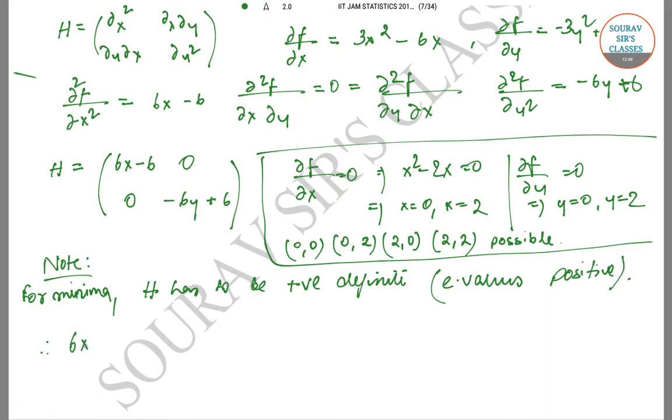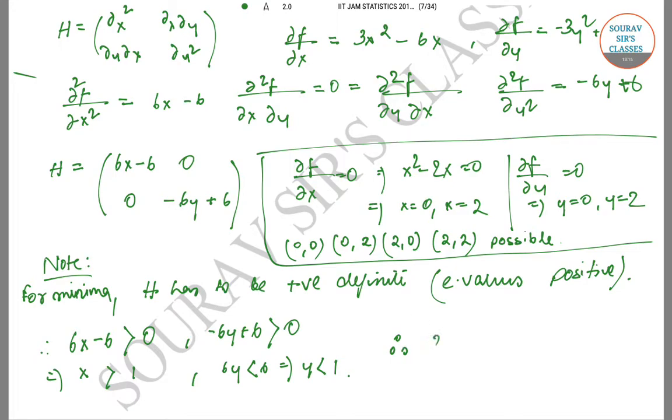Therefore 6x minus 6 is greater than 0 and minus 6y plus 6 is greater than 0, which implies x is greater than 1 and 6y is less than 6, so y is less than 1. Therefore (2,0) is the only minima point.